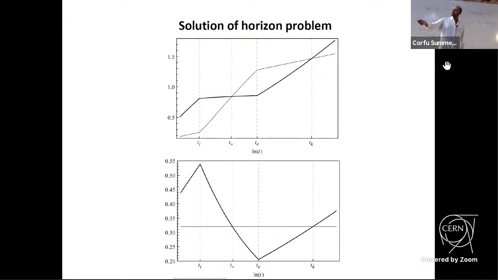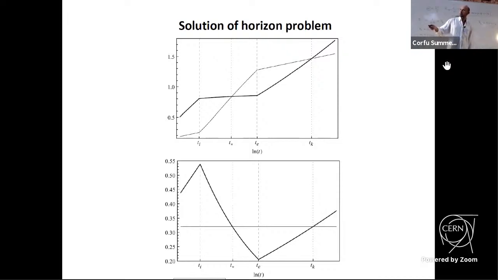So before inflation, the Hubble radius was growing, and so was the wavelength of the perturbation, because it's proportional to the scale factor, and the scale factor grows in an expanding universe. But then during inflation, the Hubble parameter becomes approximately constant.